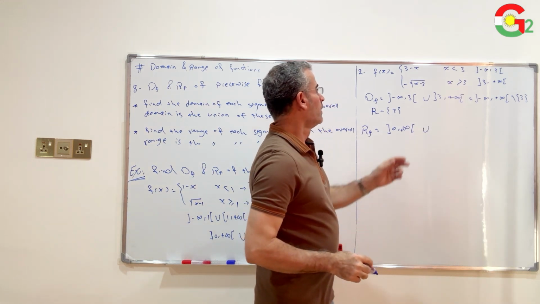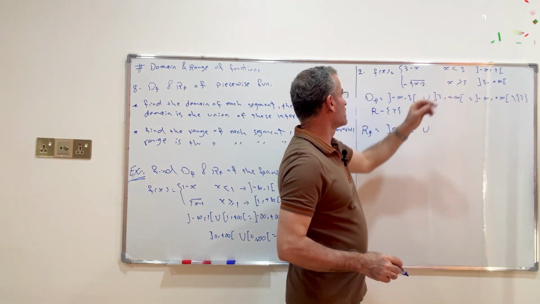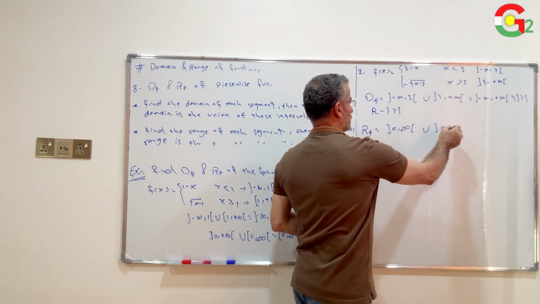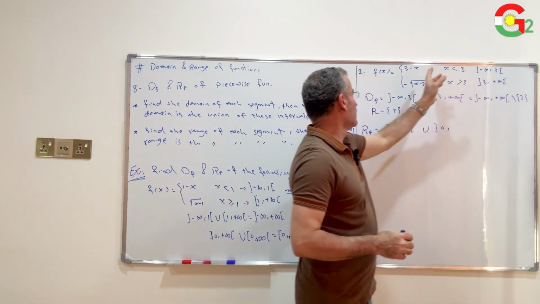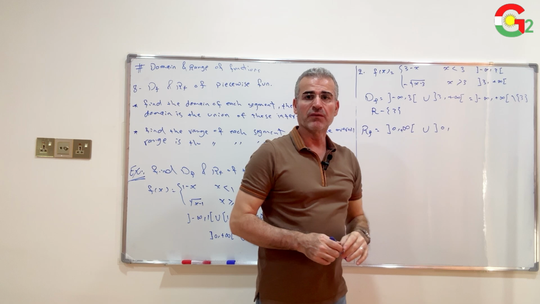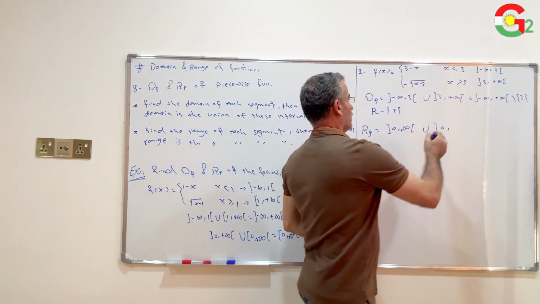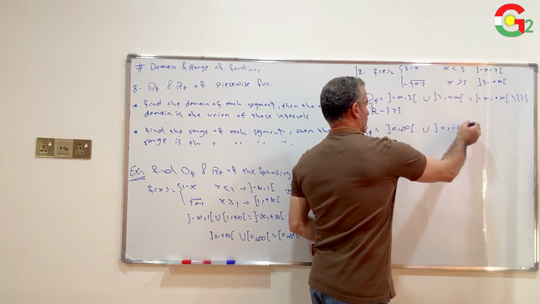Union, for the second: 3 minus 3 is 0, square root of 0 is 0; infinity minus 3 is infinity, square root of infinity is infinity, negative times infinity is negative infinity.